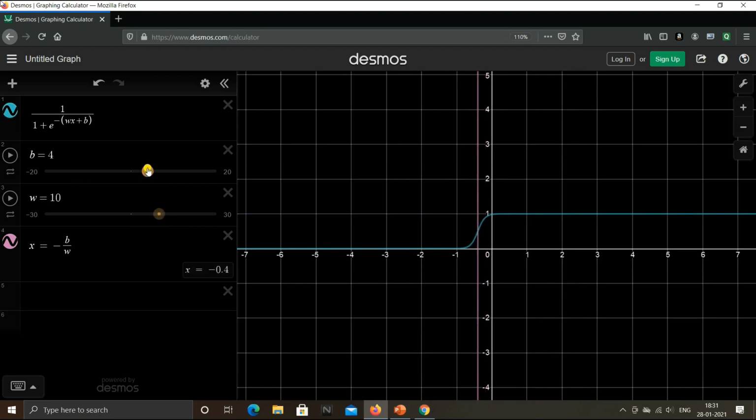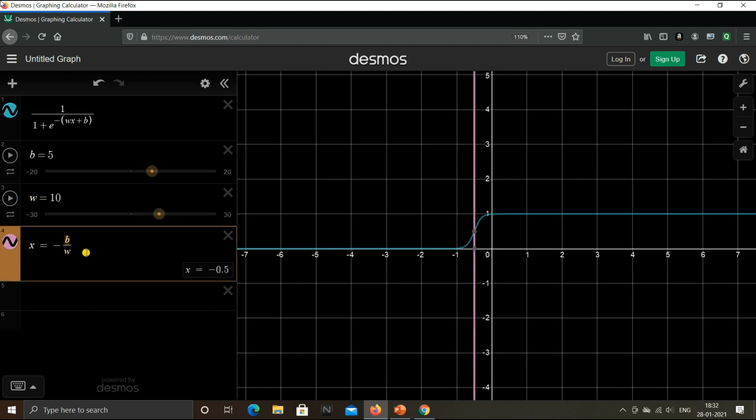Now let's say we have fixed our threshold with b equal to 5. What will happen if we vary the value of w? In this equation, when w is positive and we increase the value of w, the threshold tends to move towards the left side of 0.